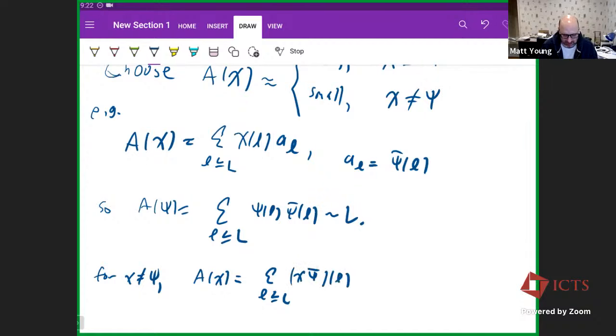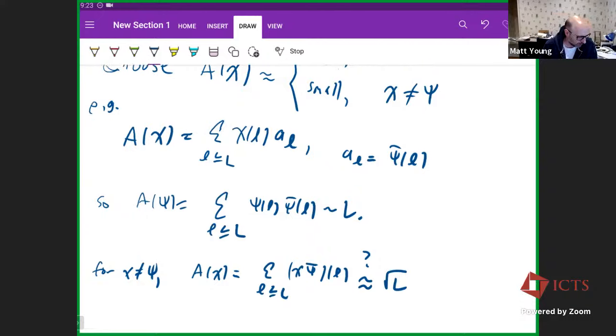And so this is now like a partial sum of these coefficients, and so maybe we should think of this as like square root of L. Now we don't actually know how to prove that, but the square root heuristic tells us that this should be around size square root of L, which is much smaller than L. So this should indeed give us something that is large when chi is equal to psi.